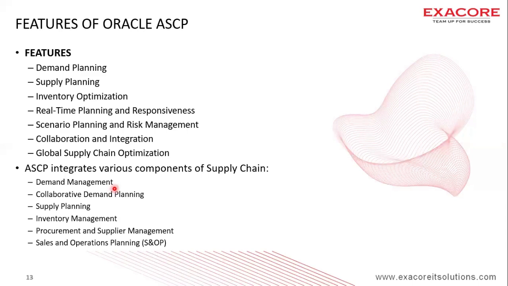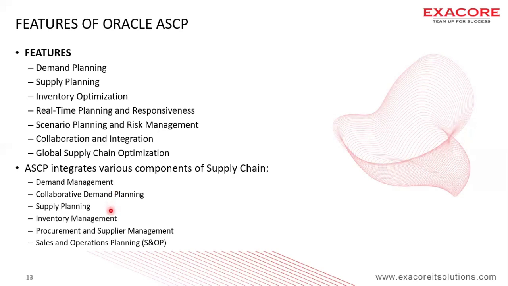Similarly, for collaborative demand planning, the data will be pulled between the sales, marketing, and operation teams. So it's not only from sales that we are collecting data; it will be from the marketing team as well as the operation team. That also will give us an exact demand plan. Once the demand plan is done, we have supply planning.